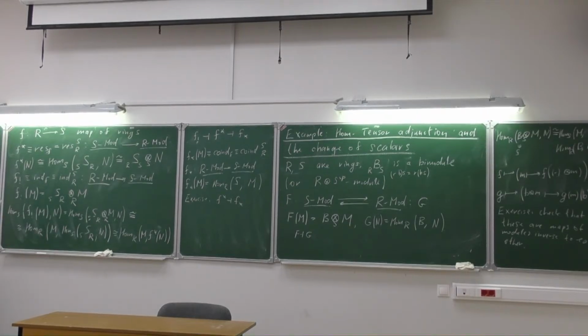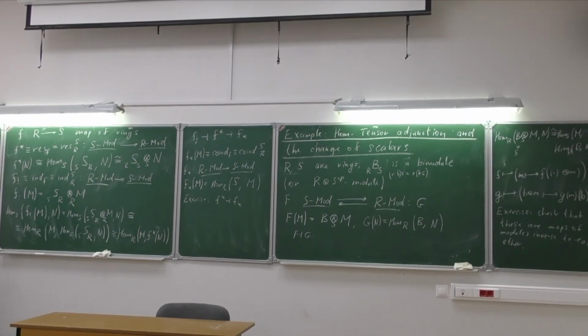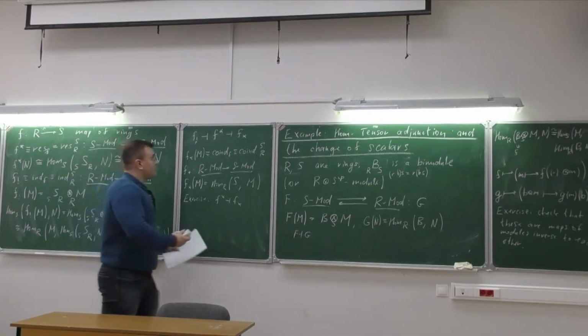Okay. And with this example, I want to finish this section about adjoint functors and also finish the first chapter and go to the second chapter about limits and colimits.